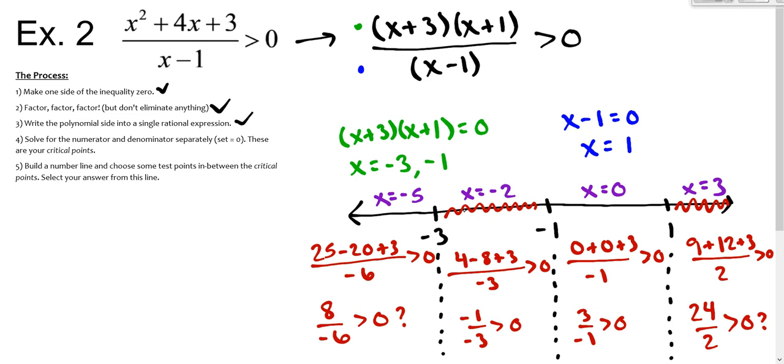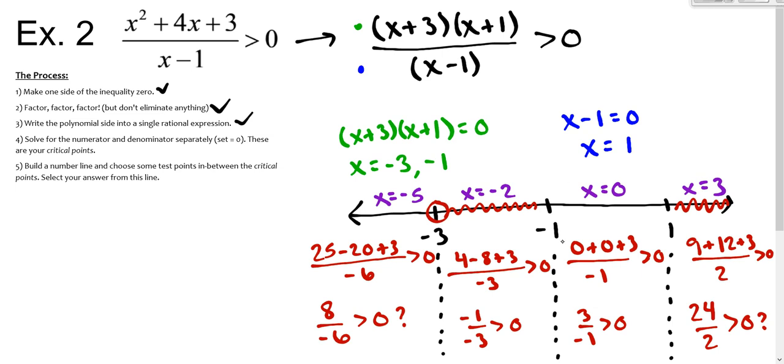But I also need to determine whether I'm going to be using open circles or closed dots at each of these critical points. Because this is just greater than and not greater than or equal to, it's a giveaway that everything's going to be open. If x equaled -3, then this would equal 0, and 0 isn't greater than 0, so I'd have to do an open circle.